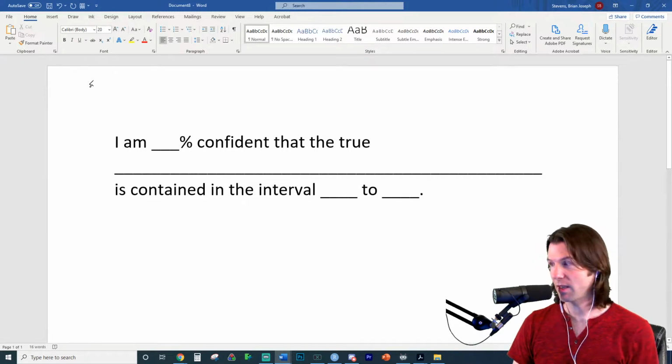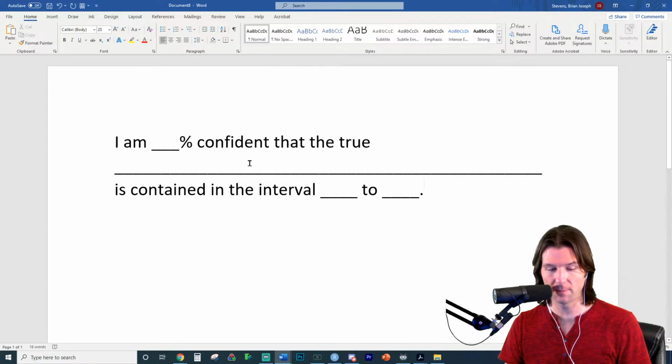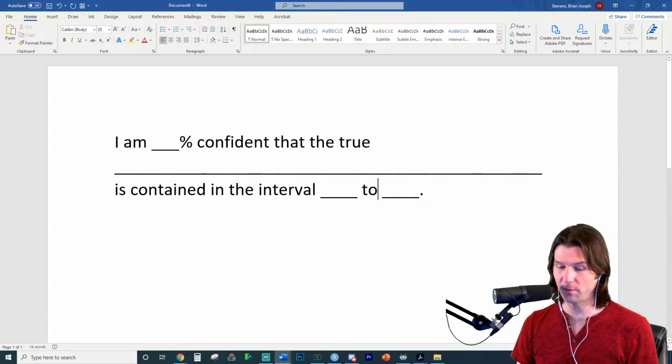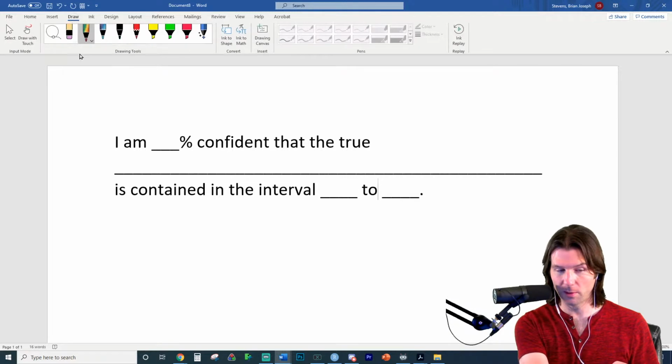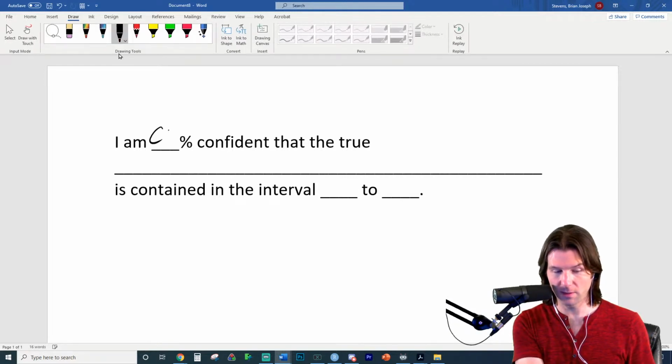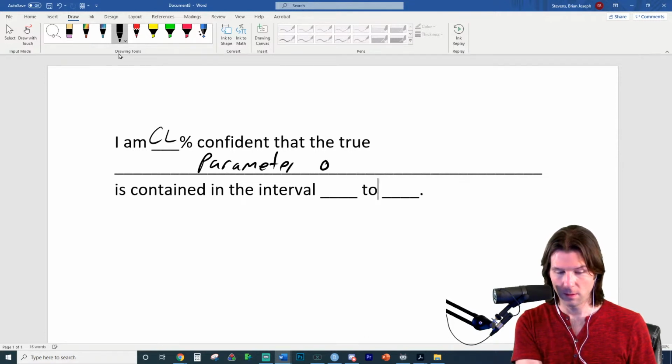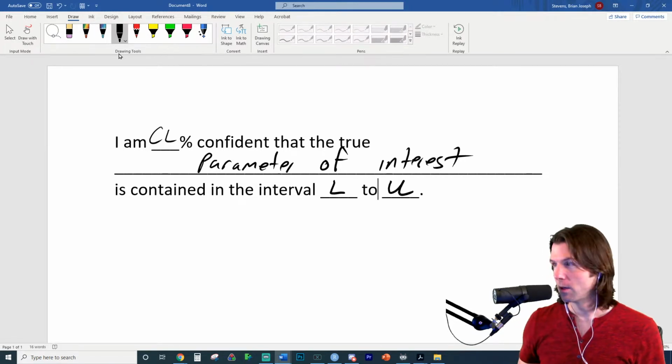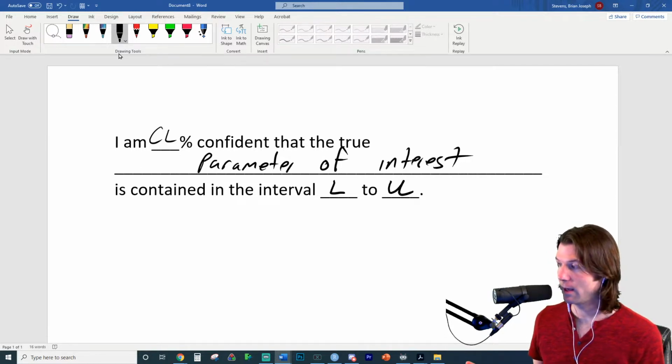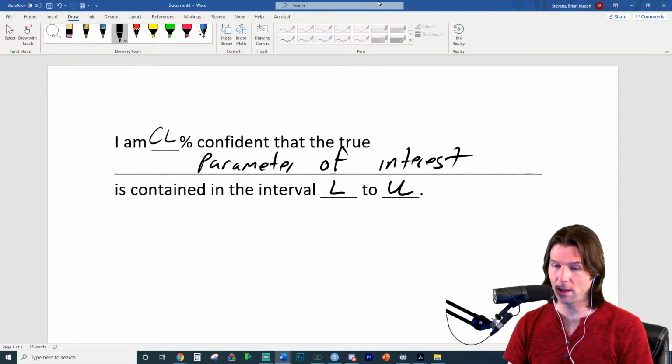What goes right here is the parameter of interest. It's important we know how to interpret these intervals. This is your confidence level. This is the parameter of interest. This is the lower bound. And this is the upper bound. So when we interpret the interval, we say I am, then we give our confidence level, blank percent confident, that the true, and then we talk about what we're trying to measure, is contained in the interval, and then we give the lower bound and the upper bound.